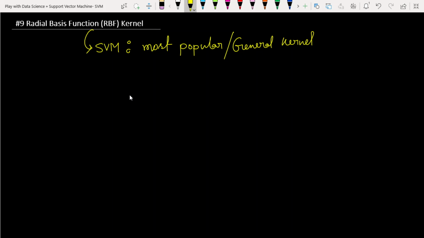Suppose we have two data points, or you can say two vectors, x1 and x2.